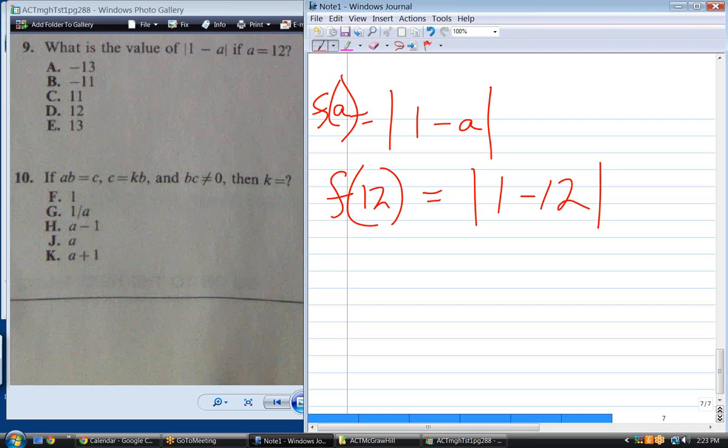What's 1 minus 12? 1 minus 12 is negative 11. What's the absolute value of negative 11? Always whatever it is without the sign. So it's 11.